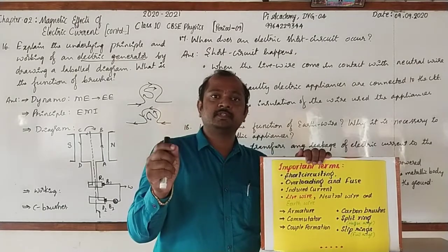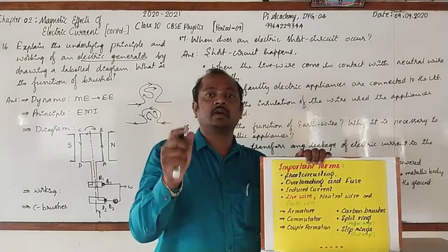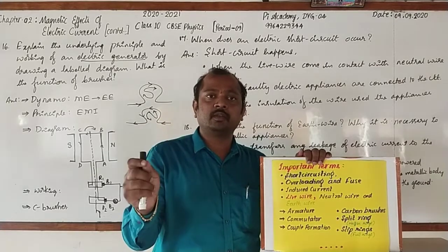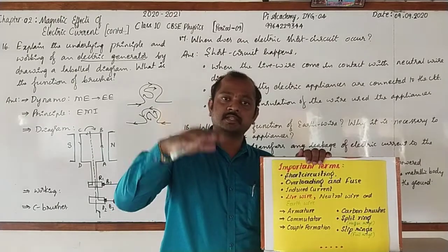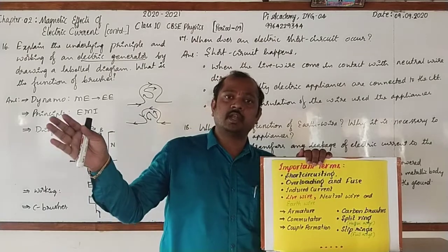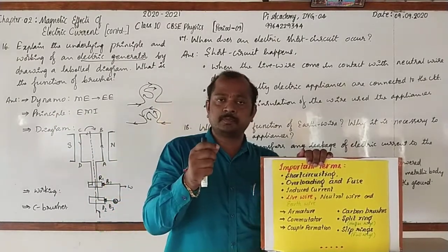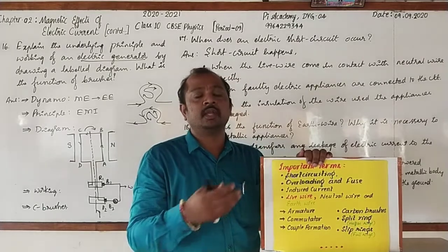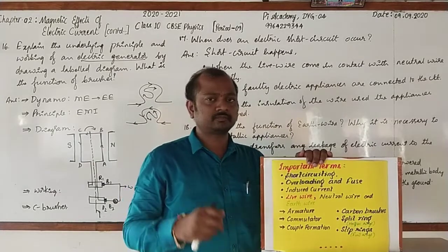If there is damage in a wire in the circuit, or if the live wire comes in direct contact with the neutral wire, then the resistance of the circuit almost becomes zero. Then an extremely large amount of current flows through the circuit. Due to this, it may produce a spark also, and this is known as short circuiting.